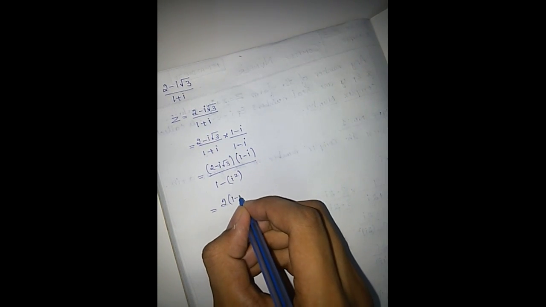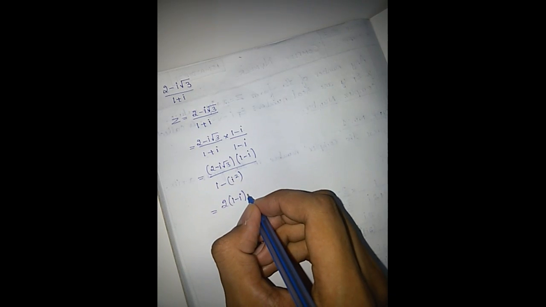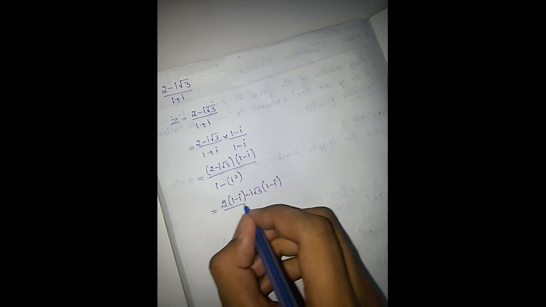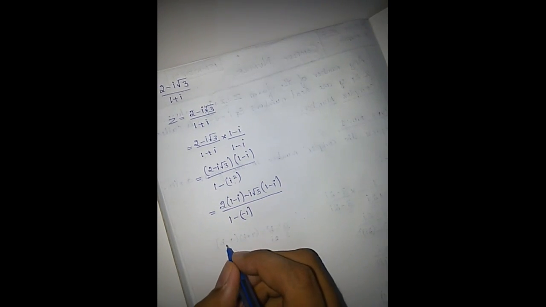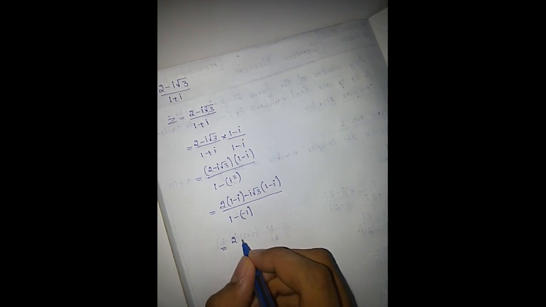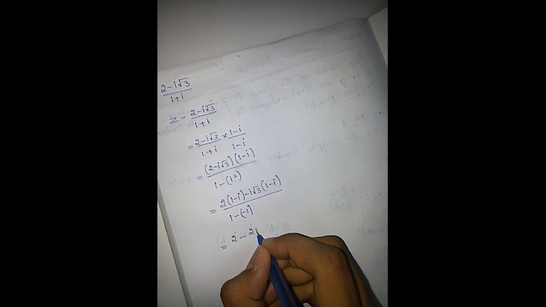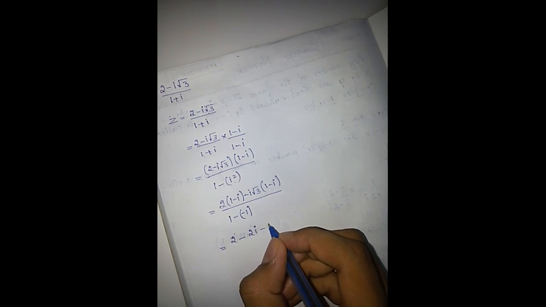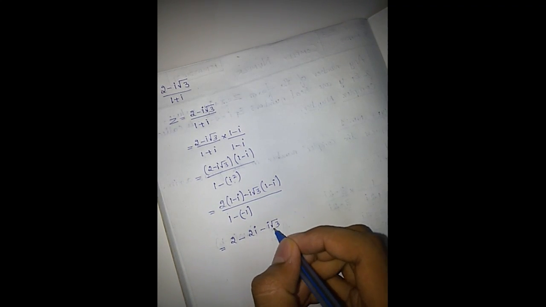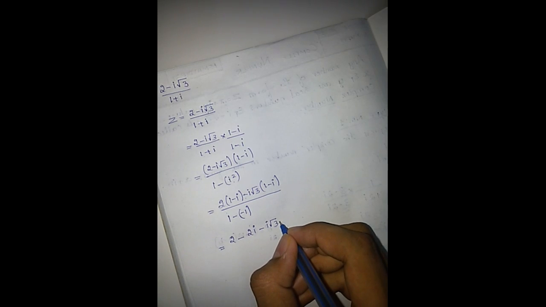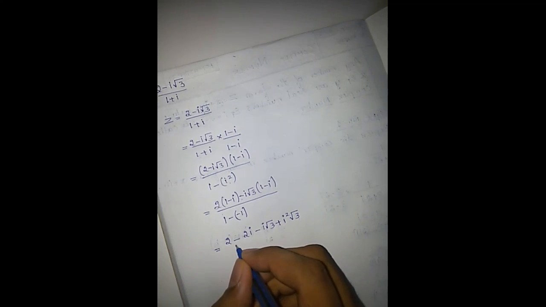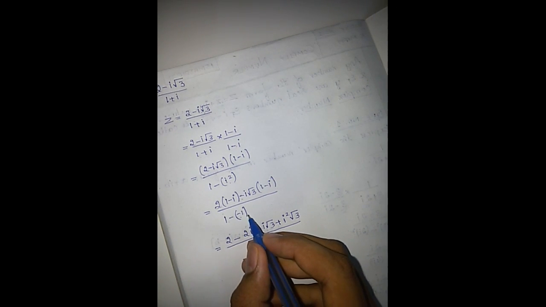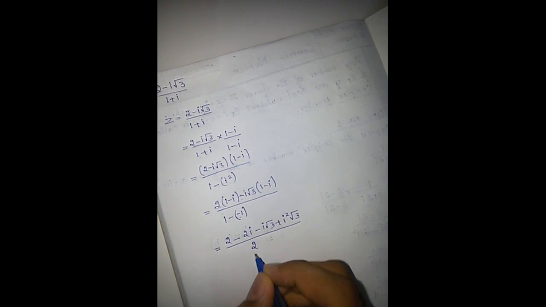2 into 1 minus i minus i root 3 into 1 minus i, divided by 1 minus i square, which is minus 1. Therefore 2 minus 2i minus i root 3, and minus i into minus i gives plus i square into root 3, divided by 1 minus of minus 1, that is 2.